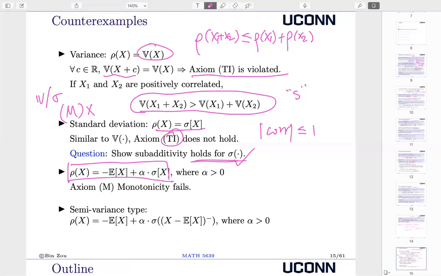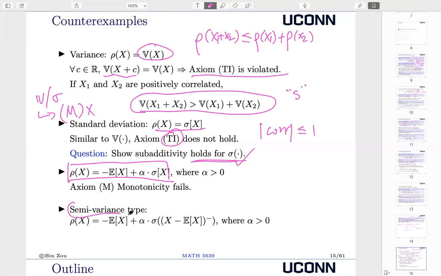You can have a very fluctuating risk that is small, and in general this does not hold. You can come up with many examples. Again, that's why variance is really not ideal.